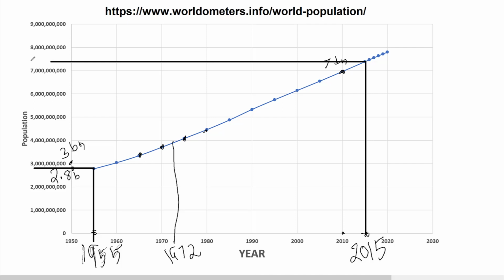We might just make a guess here that it's about 7.4 billion. So we may say, in 2015, the population was about 7.4 billion.